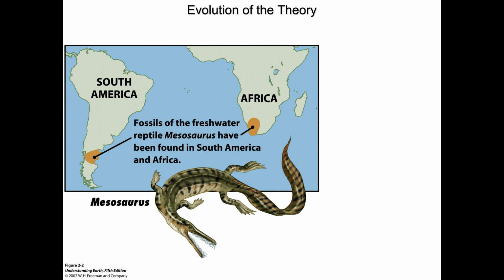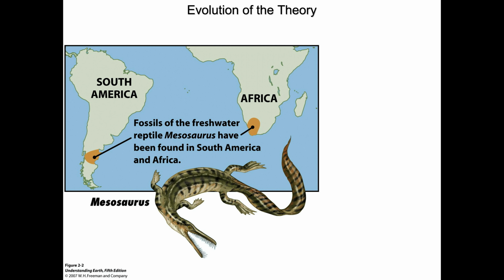So here we have one of the more famous examples of this theory, the presence of mesosaurs on both sides of the South Atlantic. We have mesosaurs here in Patagonia, and we also have mesosaurs over here in South Africa, in the Namib.